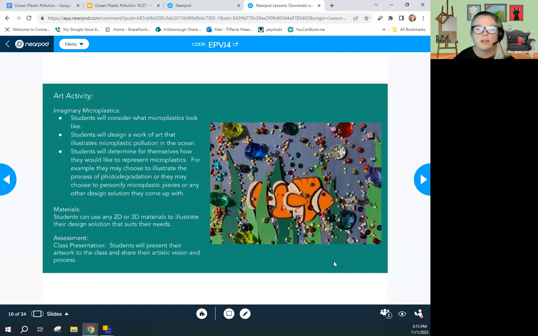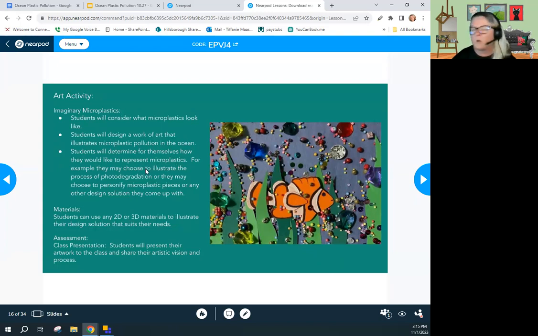This is an example that I created of a clownfish habitat with all of the different microplastics, different colors and sizes and shapes. And this is how I chose to illustrate it. You can illustrate this in any number of different ways. There are a few suggestions here.